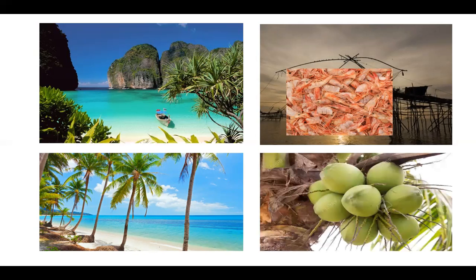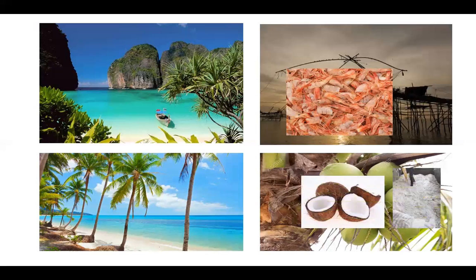The other raw material that I use in my laboratory is coconut. It just happened that in Thailand there's a lot of coconut. I want to use coconut as a good resource to generate something more valuable, because when people make coconut milk or coconut oil, there is a lot of coconut waste.